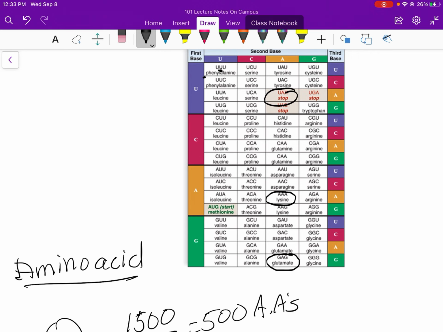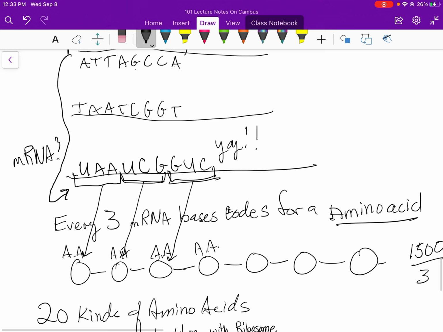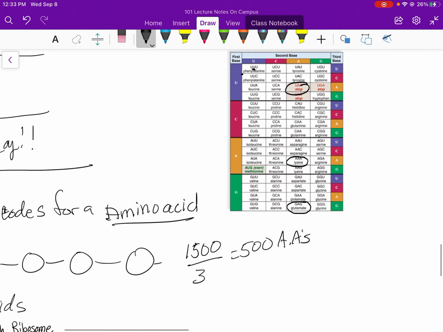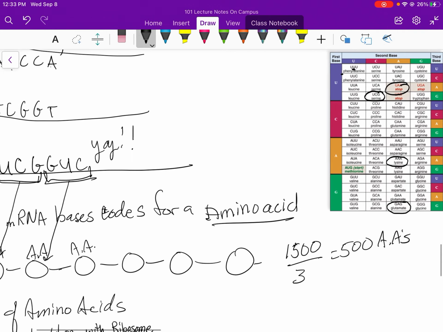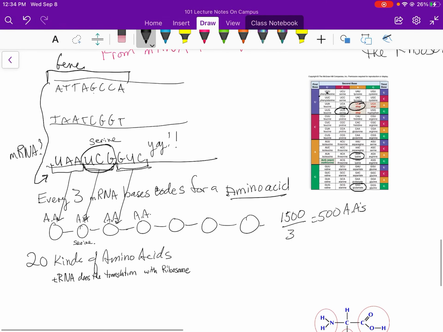It doesn't code for an amino acid, so bad choice on my behalf. But you can see stop means stop translating and end the protein, so we can end before we even begin. But let's try UCG, the next one. UCG is serine. So this one right here, which I chose at random, actually codes for serine, and so this would be serine in the sequence here. All right, so that's serine, and that is how you get from DNA to RNA to protein.